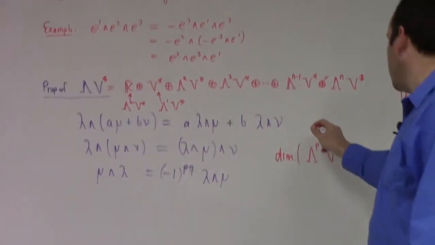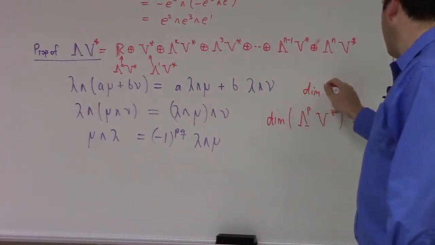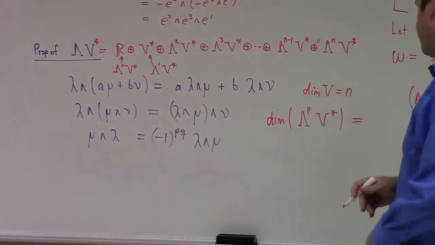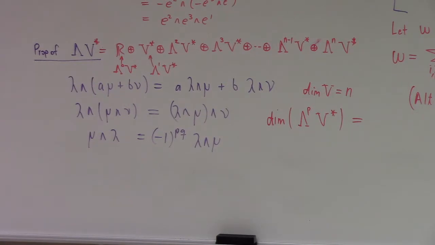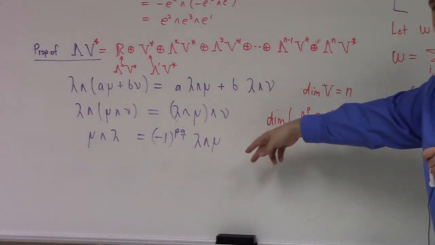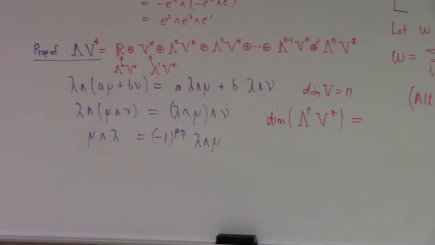Suppose the dimension of V is n. By the way, these properties can be proved by a concrete, albeit tedious, calculation from this definition.